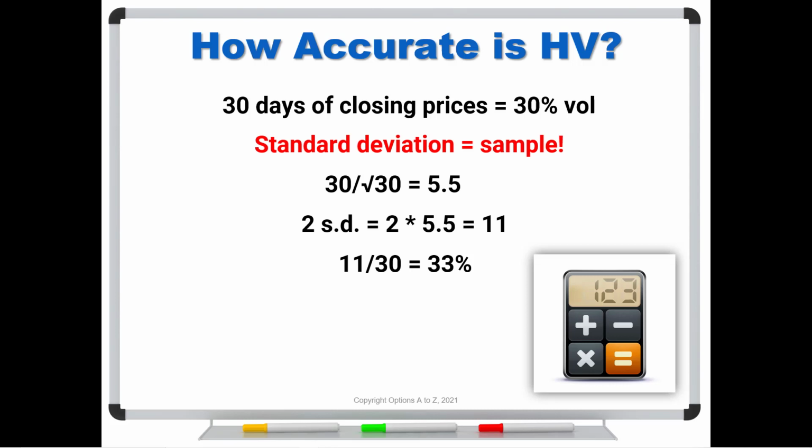And this is one of the most important points to understand, especially for the newer traders who may be taught to just look back at your historic volatility and then make your calculations. It's not quite that easy, and this is why. And this is also why I've talked in recent videos about stress testing your positions and looking at lots of different possibilities. Because the historic volatility, even though it is a specific number, is not really all that accurate.